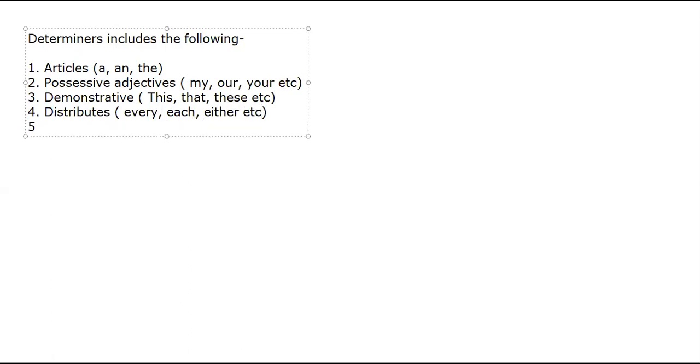Next, it includes all quantifiers. All the words which are used to quantify something, like a little soup, a little salt. So a few, little, all of them talk about the quantity. So they are quantifiers.